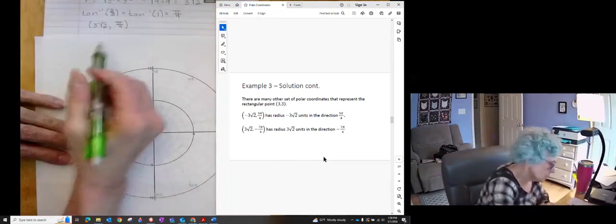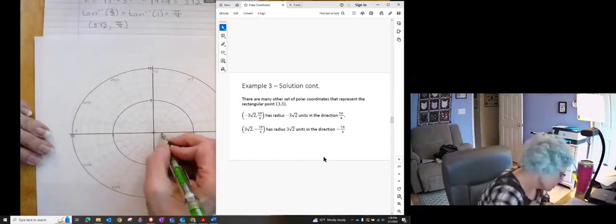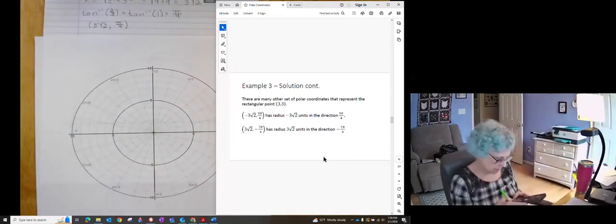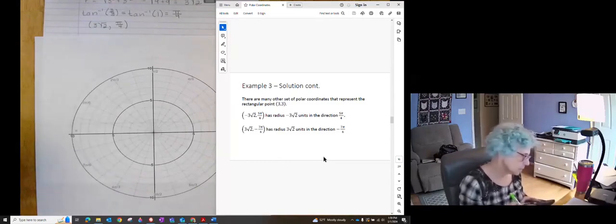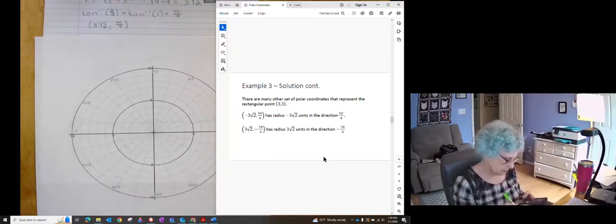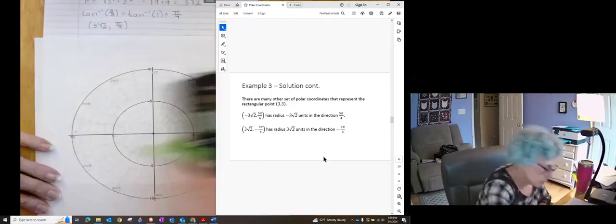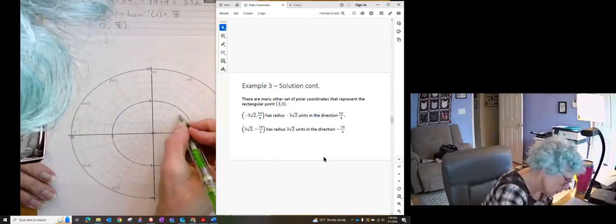So 3 square root of 2 and pi over 4. I'm going to have to get a decimal approximation for that. 3 times the square root of 2 equals about 4.24. So I'm going to put it at a little bit bigger than 4.